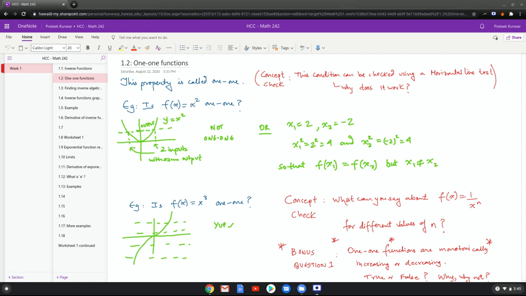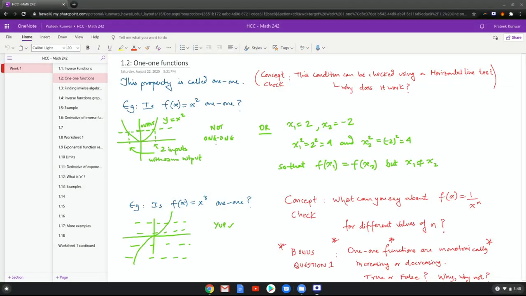Given the function f of x equals x squared, we're trying to figure out if it is one-one. One way to do that is to draw the graph. It looks like an upward facing parabola with the vertex at the origin. Horizontal line test: well, it has two intersections, which means you can have two inputs with the same output.